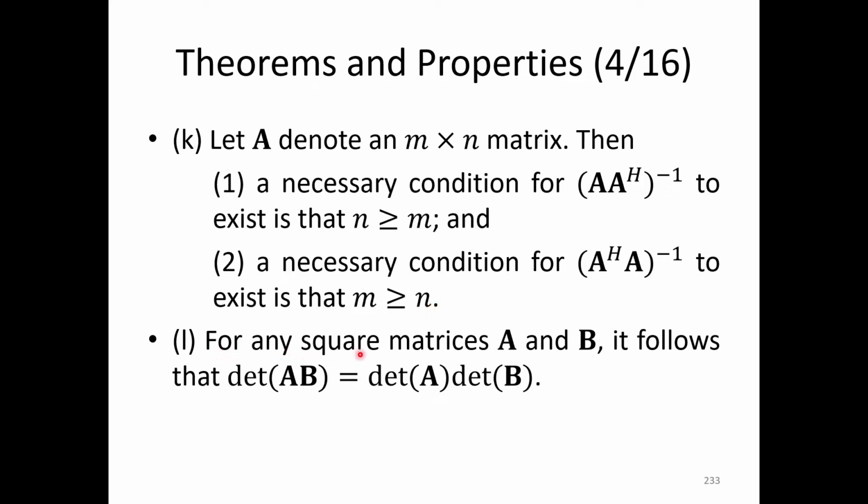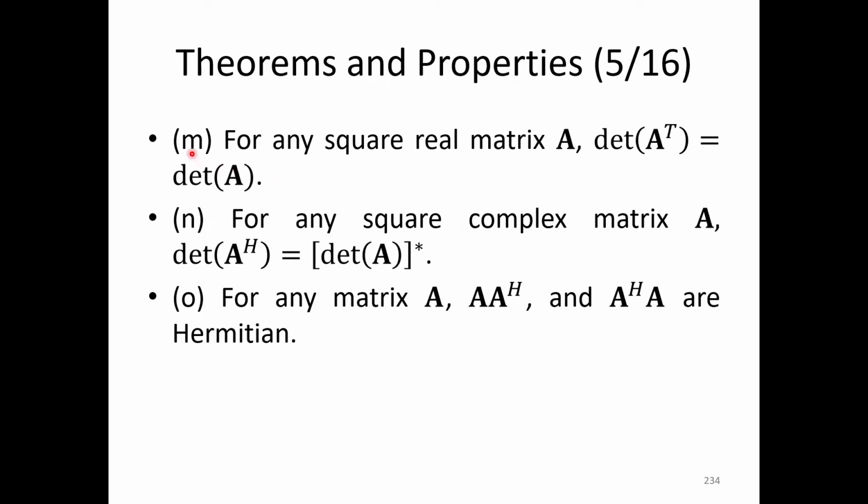L, for any square matrices A and B, it follows that the determinant of A times B is equal to the determinant of A times the determinant of B. M, for any square real matrix A, the determinant of A transpose is equal to the determinant of A. N, for any square complex matrix A, the determinant of A Hermitian is equal to the determinant of A star.